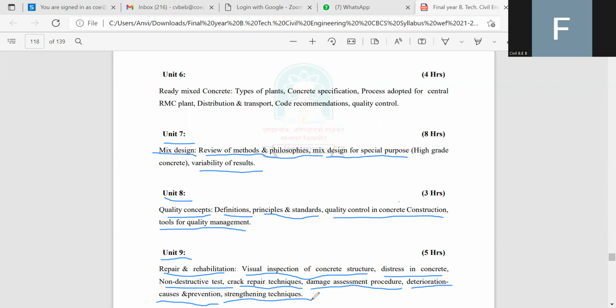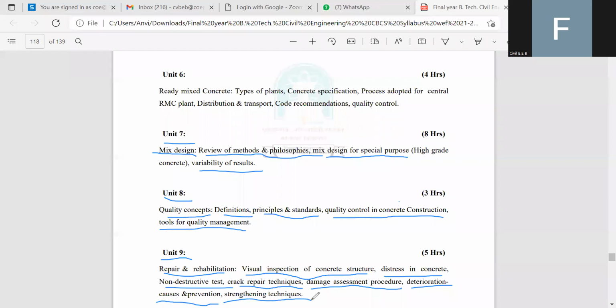The FRP jacketing technique is there, and other FRP techniques using some high-strength chemicals by which we regain the strength of this particular element, beam or column.